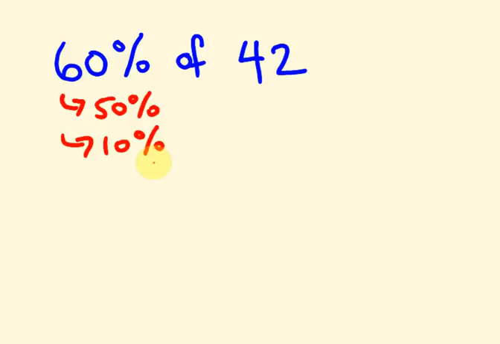And then you're going to add these together. So 50% is half, which is 21. 10% is you're moving this decimal place. You'll get really good doing this, is 4.2. And you're adding these together. You're going to see I've lined the units up there. You'll do this in your head. So 21 and 4.2 is 25.2.